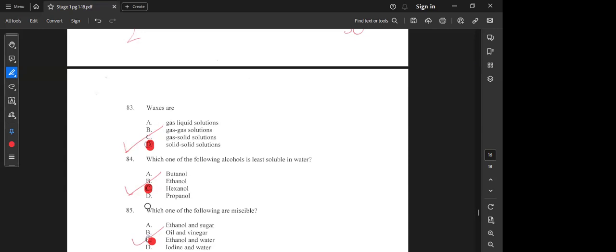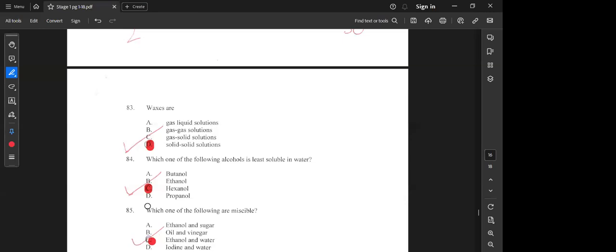So I've seen, first of all, natural waxes. They're typically esters of fatty acids and long chain alcohols. The most common animal wax is beeswax. Paraffin wax is a synthetic wax derived from petroleum and refined by vacuum distillation.